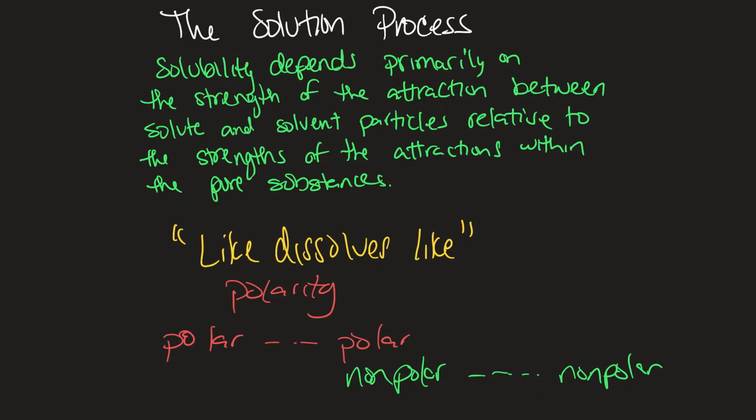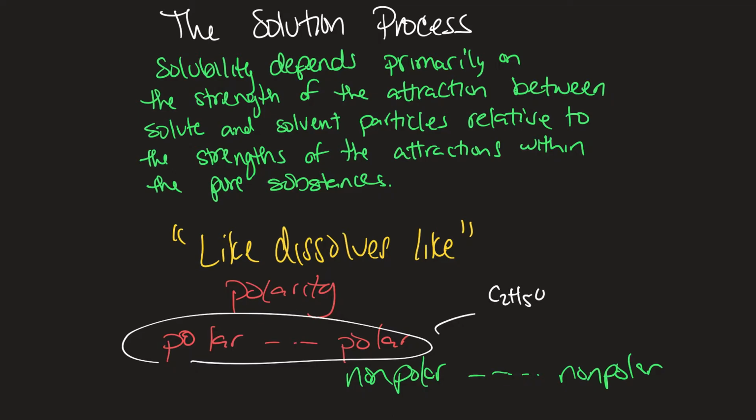A good example of this, when it comes to polar, is alcoholic beverages. The part that gives the kick, the alcohol itself, is an alcohol called ethanol. So ethanol is C2H5OH.